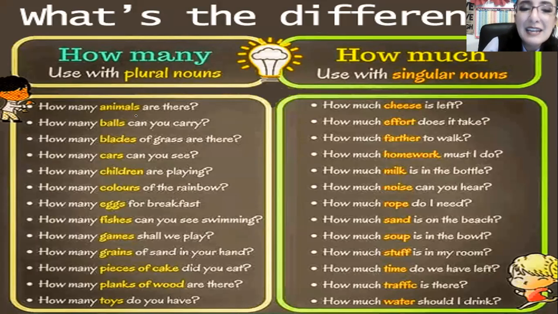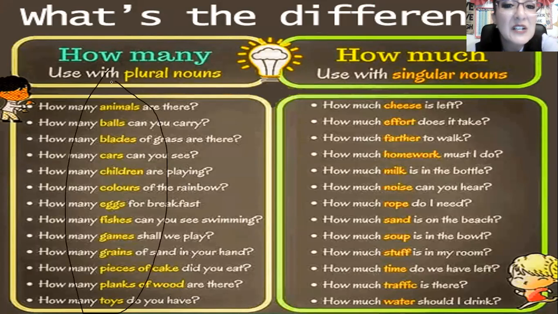How many animals, balls, blades, cars, children, colors, eggs, fishes, games, grains, pieces of cake, planks of wood, toys. As you can see, all these are countables. You can be counting them with your fingers.